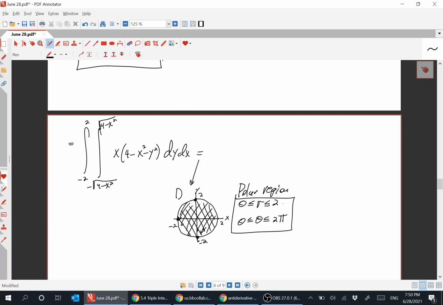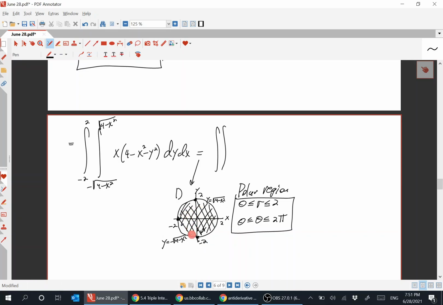As a polar region. And then, of course, we've got this x squared minus y squared here. So, this transformed into a polar integral: y equals positive square root of 4 minus x squared, y equals negative square root of 4 minus x squared, and x going from minus 2 to 2.